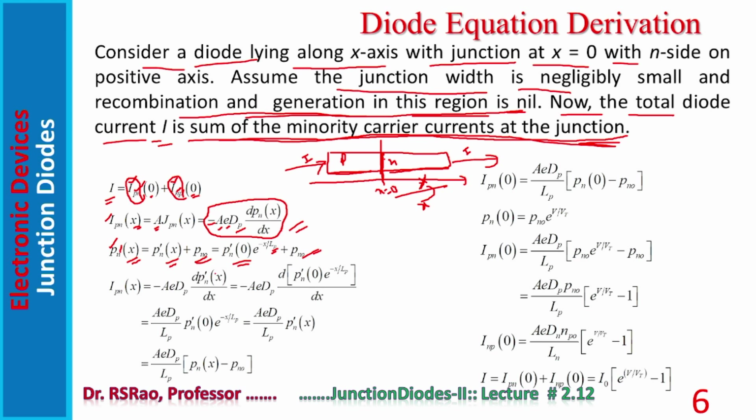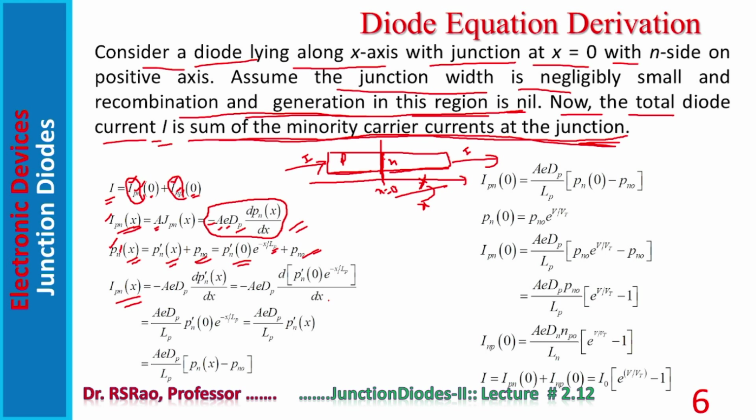plus Pn0. Now IPN(x), we are here, IPN(x) is minus A e Dp d Pn'(x)/dx, which becomes equal to minus A e Dp d/dx of Pn'(0) e^(-x/Lp).